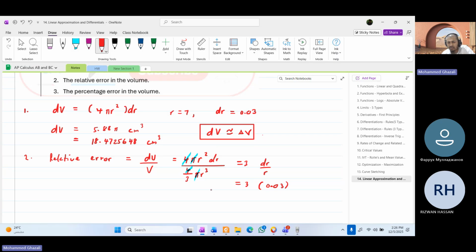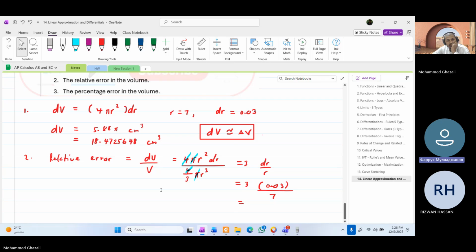You already have r and dr. You can substitute it directly. The dV, the change in the volume, is the absolute error, and delta V is the actual. Okay, it makes sense.